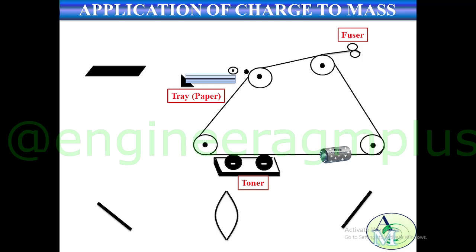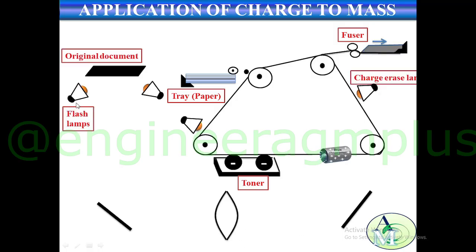What really happens here? After a document is placed in the photocopier, that is a written document here, a mirror reflects the image of the document to a convex lens. We also have our flash lamps and charge erase lamp.